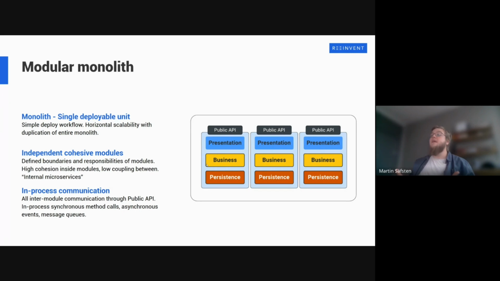But the big thing is that these modules are independent and they are cohesive, meaning that they are structured. The content of a module is cohesive, that it makes sense that they are together. It should be a part of the system that is somewhat isolated, and the communication in and out of this module is very clear.